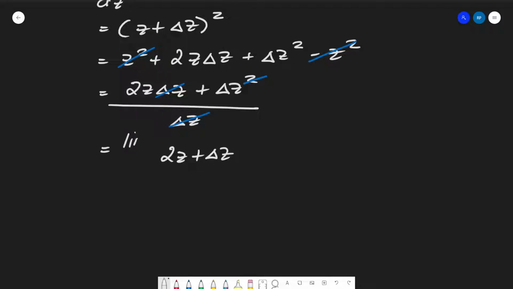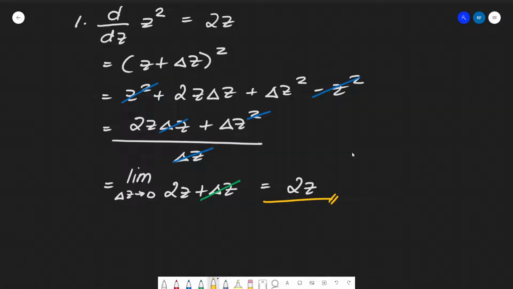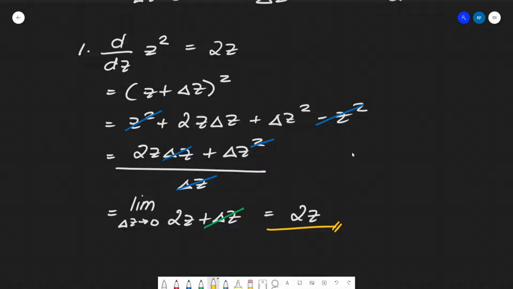And we take the limit as delta z approaches 0. The delta z term cancels, so therefore our answer is 2z. This is what we mean by the rules of normal differentiation being applicable to our complex function.